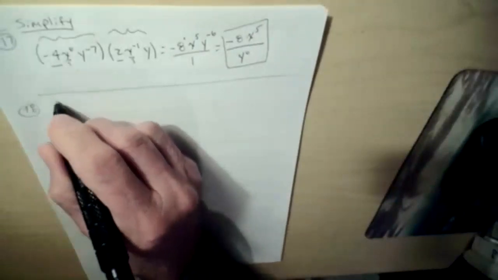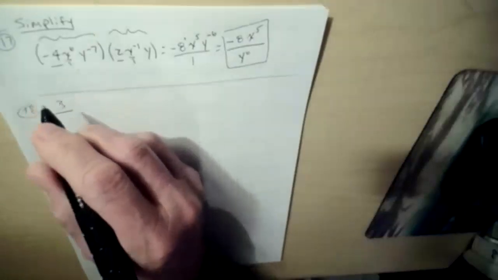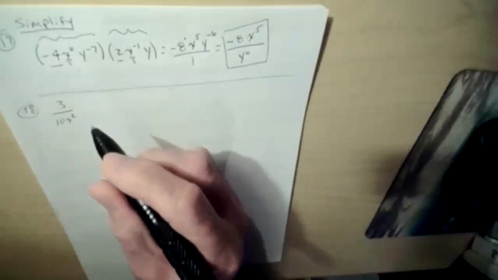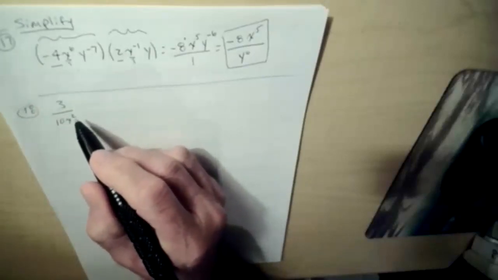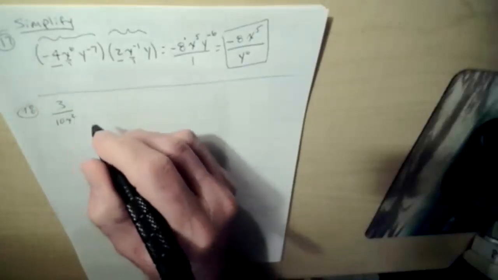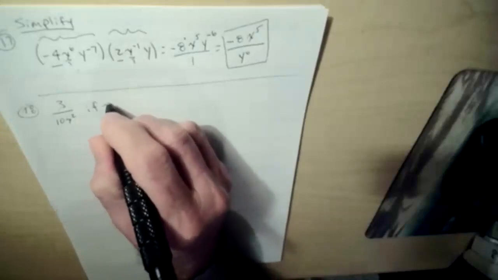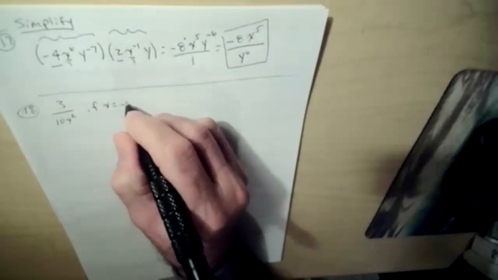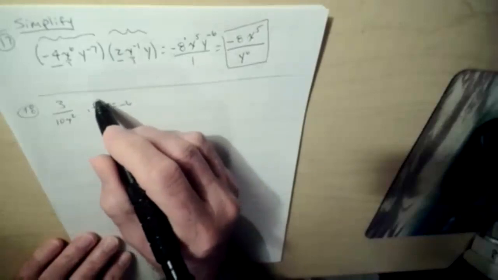Okay, number 18. Number 18 is super simple, 3 over 10x squared. I think the instruction said to evaluate this if x equals -6.